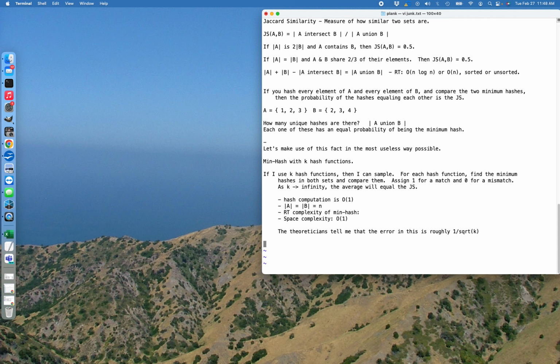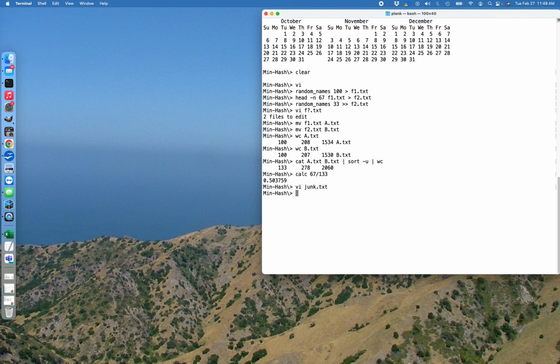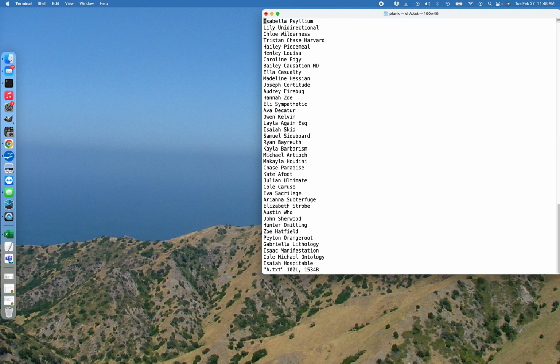Let's do it. Here we go. A.text and B.text both have this. They share 2/3 of their elements. Well, let's suppose I want to hash each one of those.